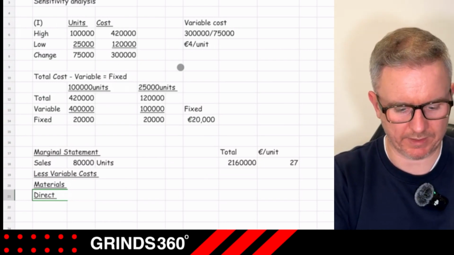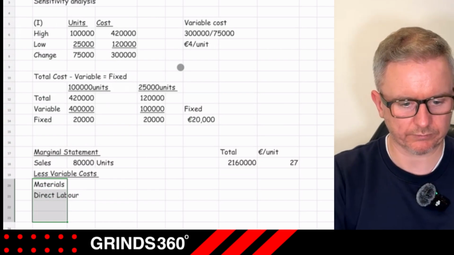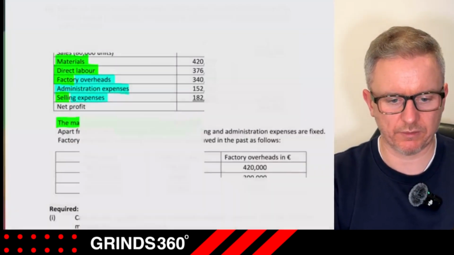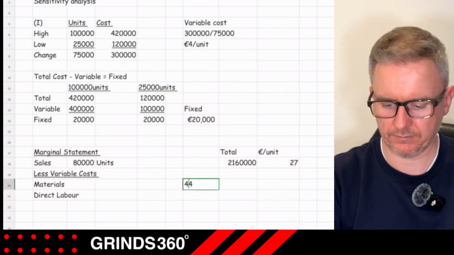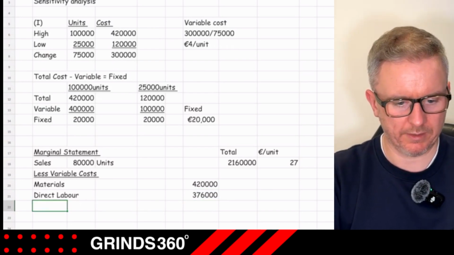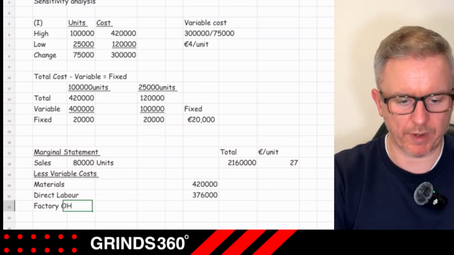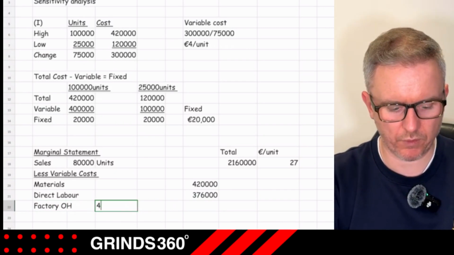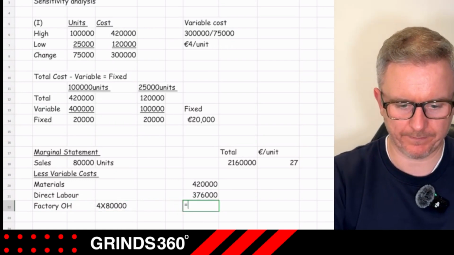We can put it straight out into that second column there, so 420 and 376. Then we have our factory overheads. Remember what happened here: our factory overheads, 4 euro per unit, so 4 multiplied by that 80,000.